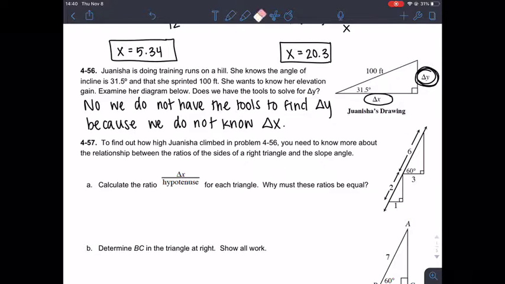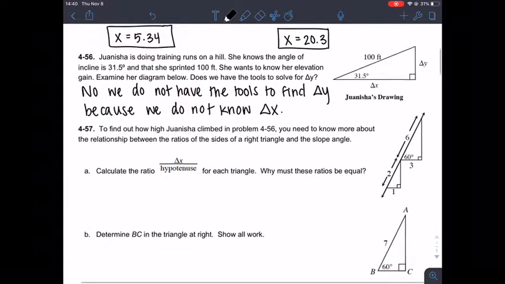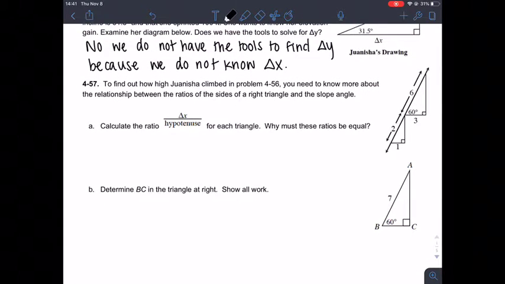Okay, so right now we cannot figure out how high she climbed. But what we're going to do is look at similar triangles, just like we did when we talked about tangent, to see what we can find. So to find how high she climbed, we need to know more about the relationship between the ratios of the sides of a right triangle.